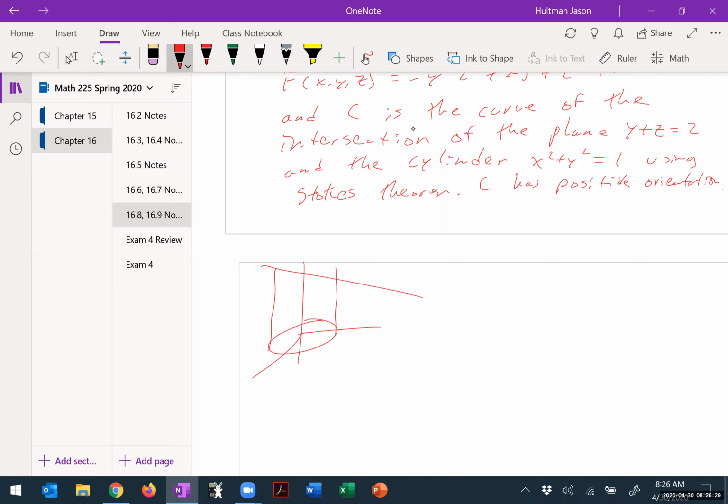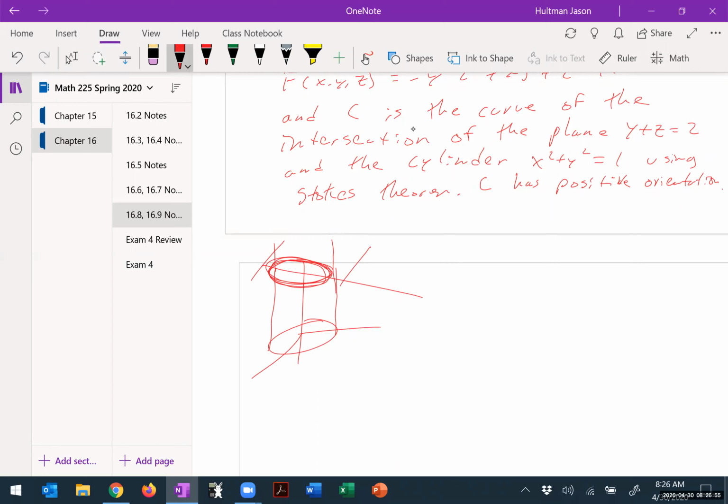So if we were to intersect a cylinder with a plane, what would this look like? We would get kind of this ellipse type of shape.